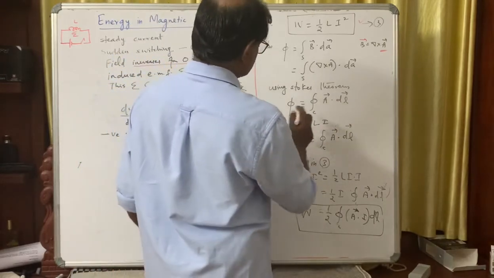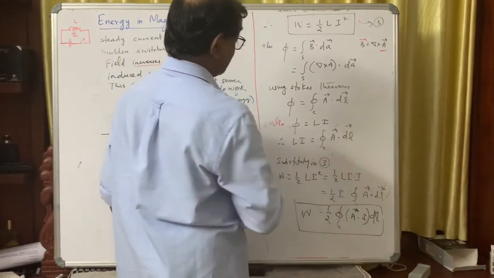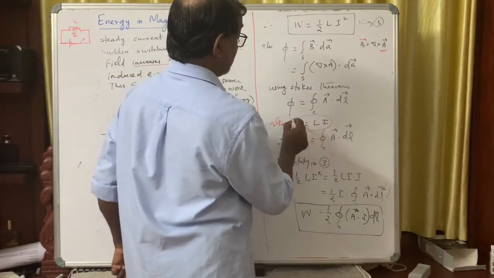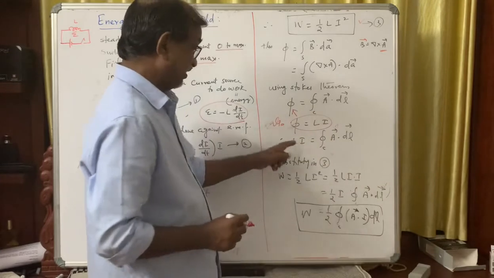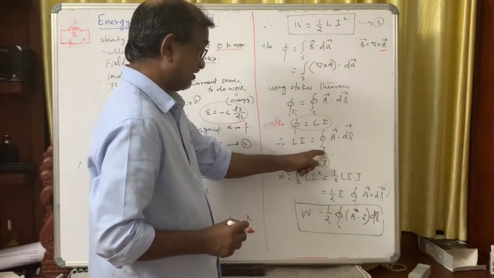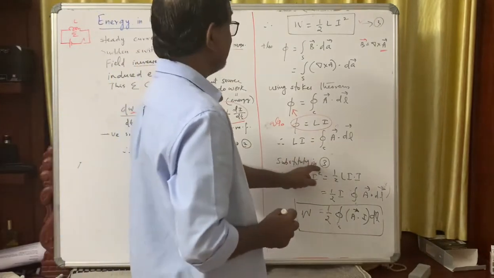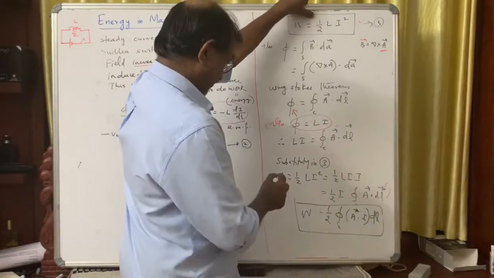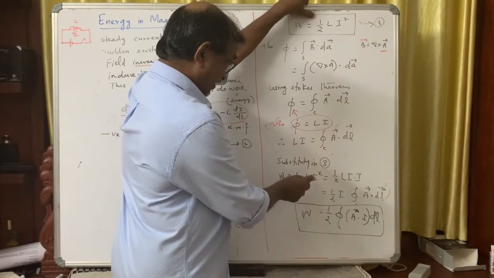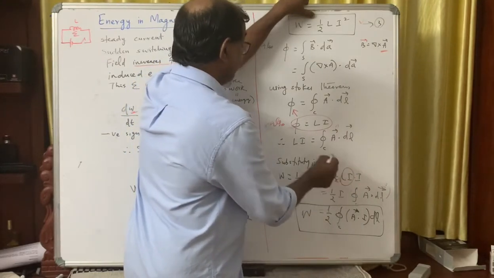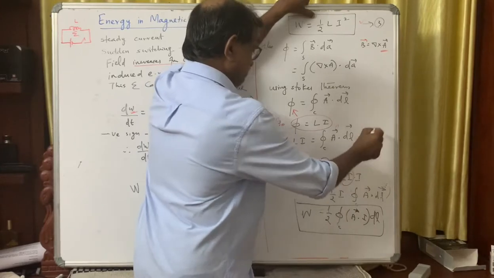We also know that phi is equal to L I. So substituting phi equal to L I here, you are getting L I equal to the closed line integral of A dot dl. Then substitute the value of L I in equation 3. Here W is equal to half L I square, which can be half L I into I. So instead of L I, this is substituted.